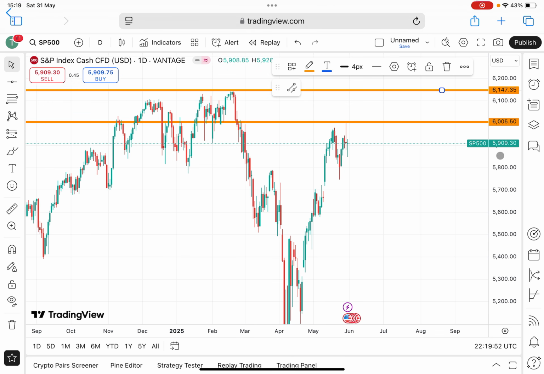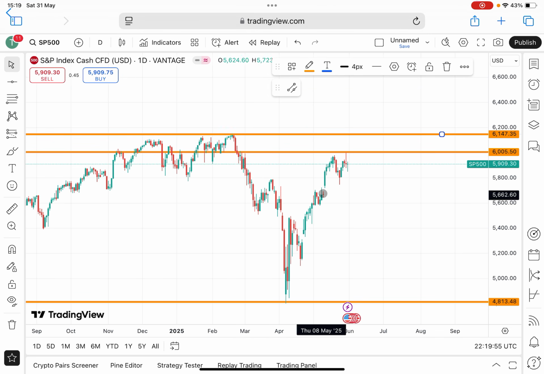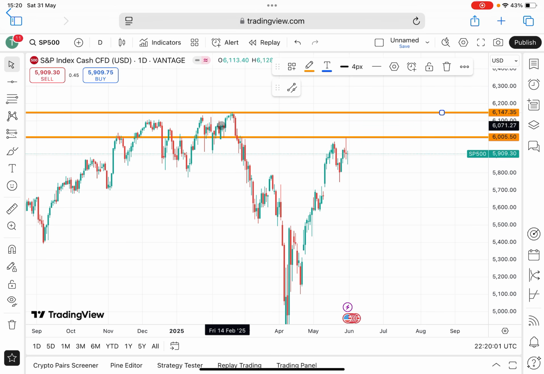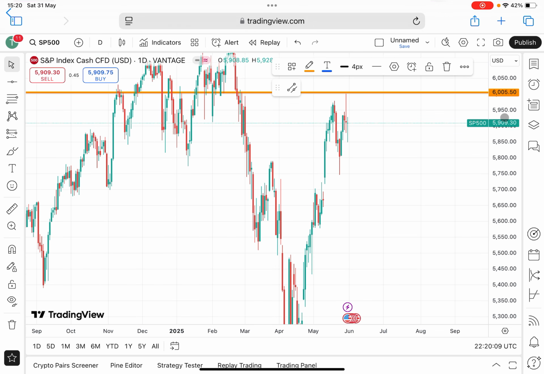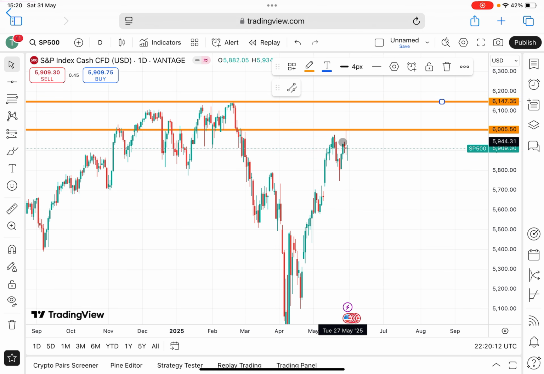Market sold off all the way, and there is like a pullback going on here. Everyone is saying the market is going back to the all-time highs, but I honestly don't think so. Since I'm bearish on the dollar, I don't think markets will go back here, but we'll see.